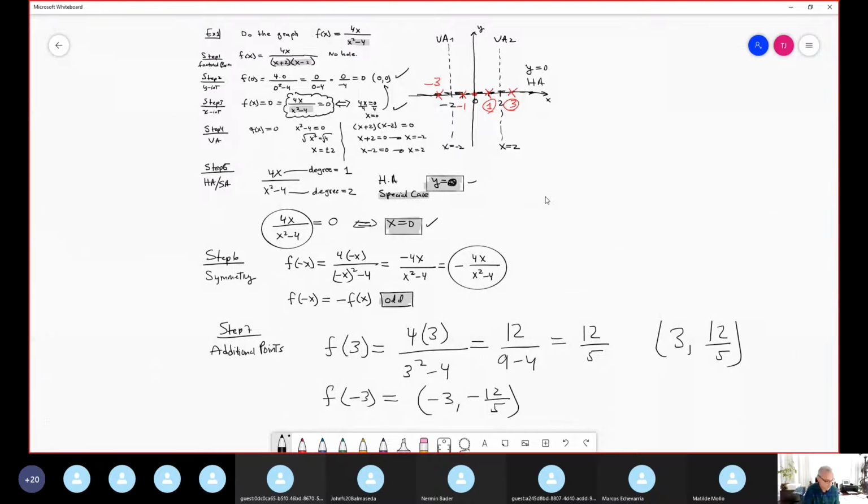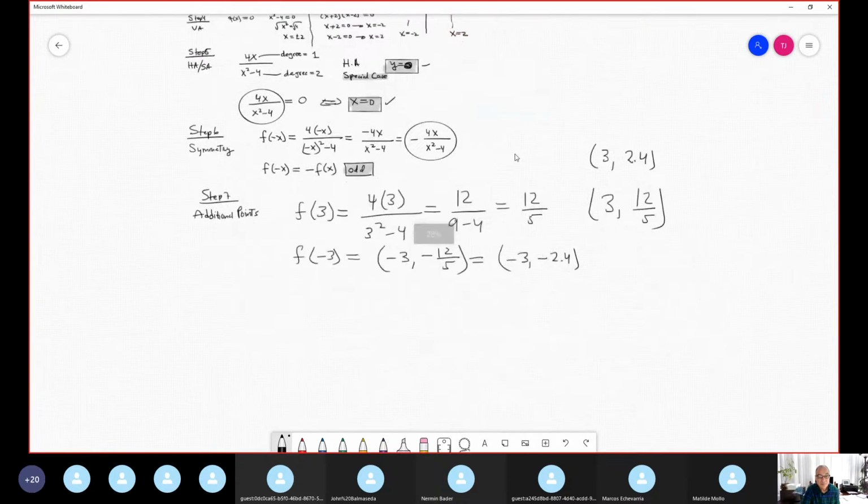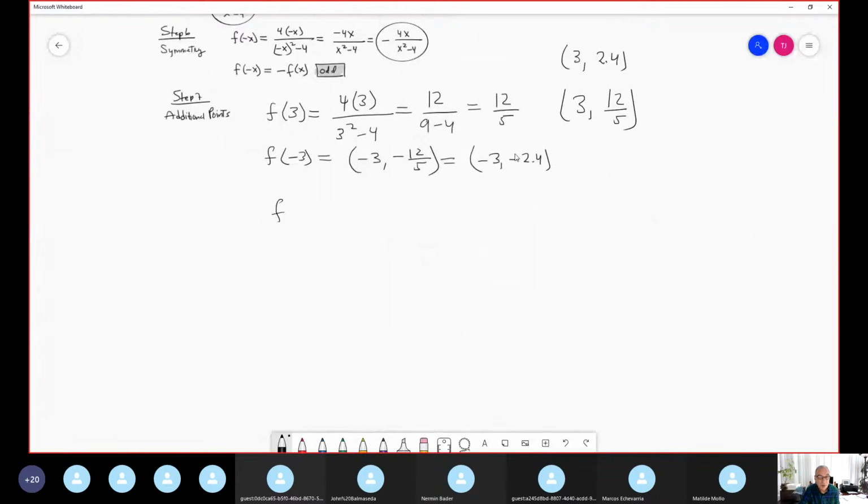Okay, by the way, 12 over 5 expressed in decimal is 2.4. It's good to express in decimal 2.4 because when you plot that, it's better, no? In decimal. It's -3, -2.4. And 1, similar. F evaluated in 1 is 4 times 1 divided by 1 squared minus 4, no?